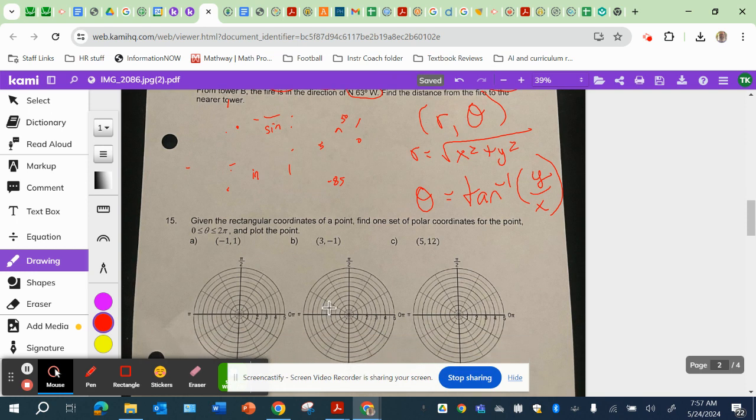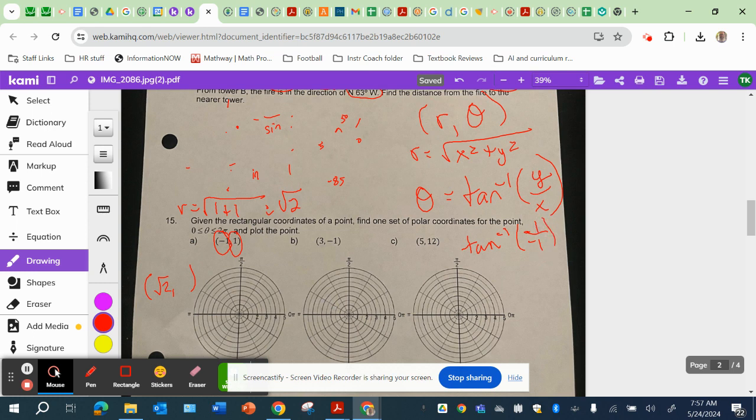So for this first one, r would be the square root of negative 1 squared plus negative 1 squared. So 1 plus 1, so r is the square root of 2. And theta is the arctangent of negative 1, or 1 over negative 1, doesn't matter, negative 1.